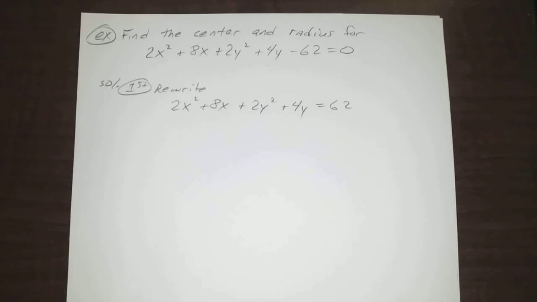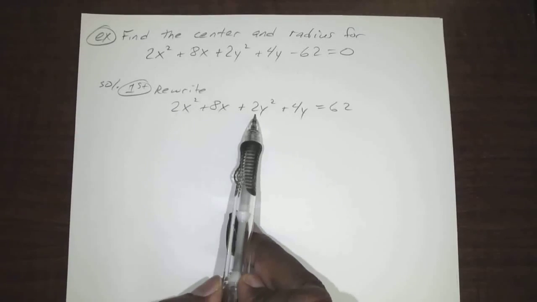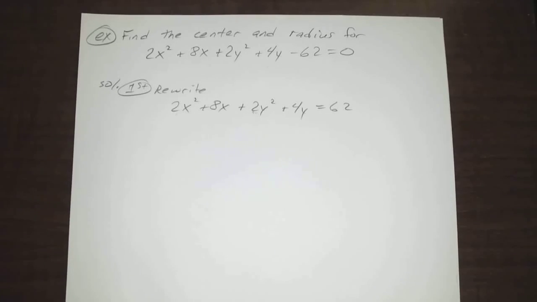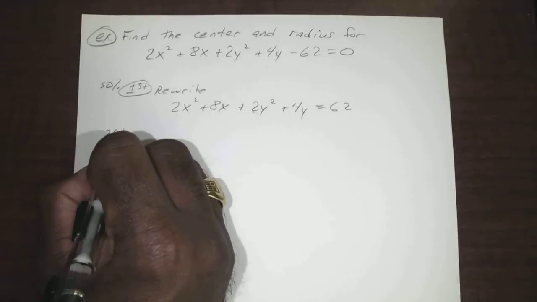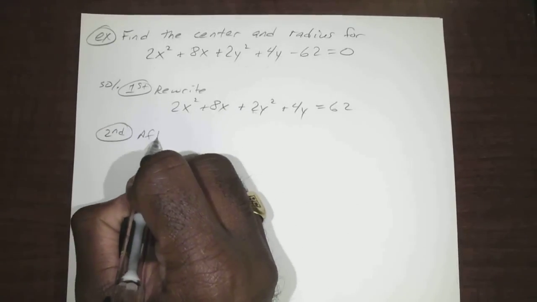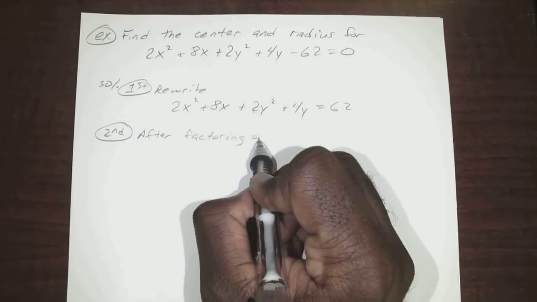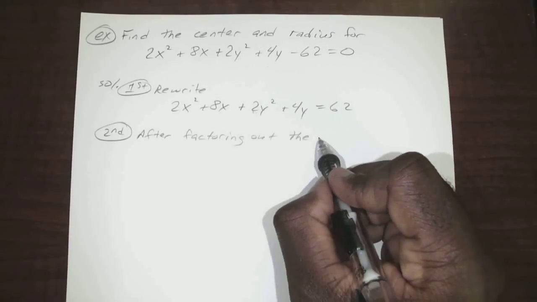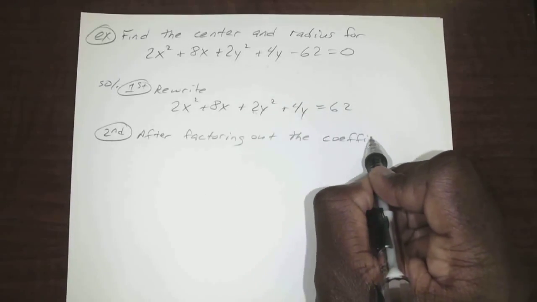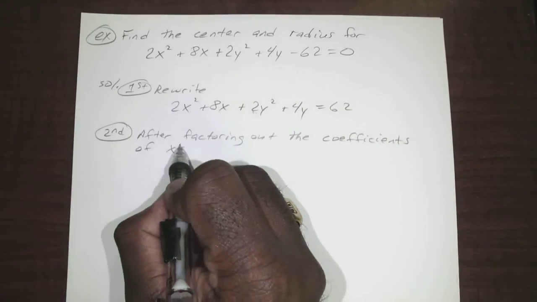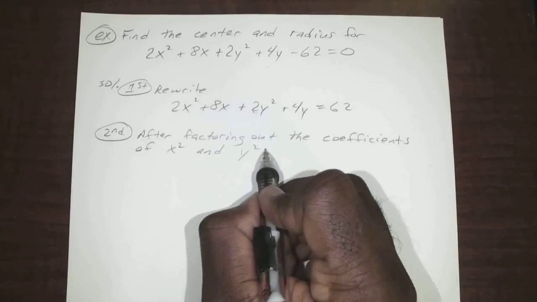Okay. So now with this one, the only difference between this one and the one before is that your x squared and your y squared now have coefficients. So with this one, you have to factor out the coefficients and then use completing the square. I have to factor out the coefficients of x squared and y squared.